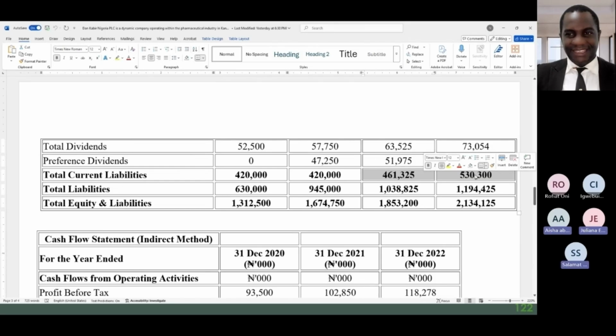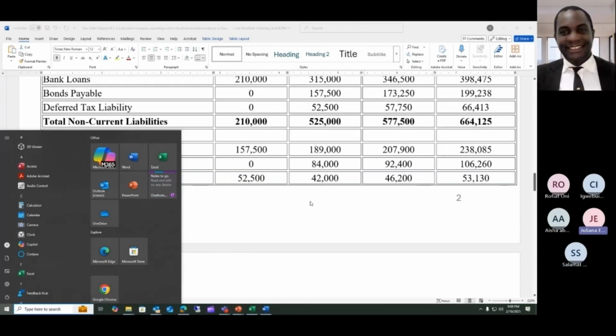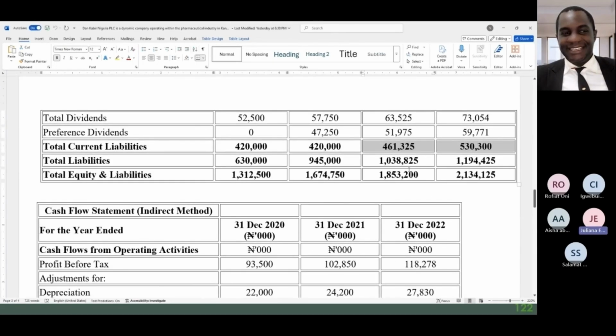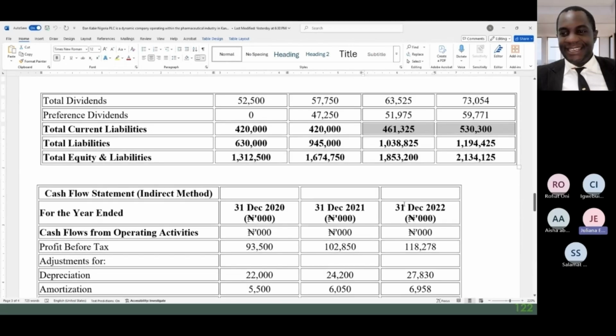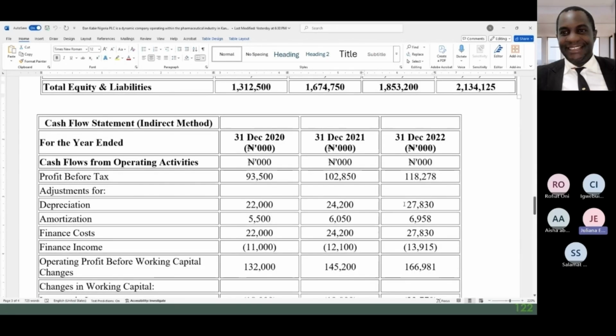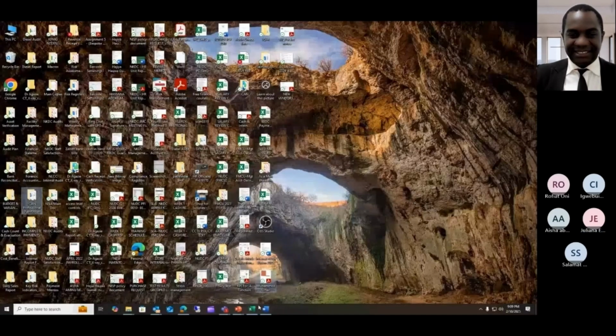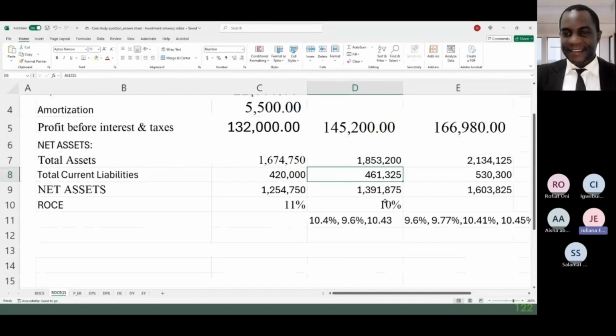Maybe I did not go down; I just stopped at page 2. It's on page 3. I didn't see total dividends and preference dividends. Okay, so I picked the correct thing. So I have 1,853,200.